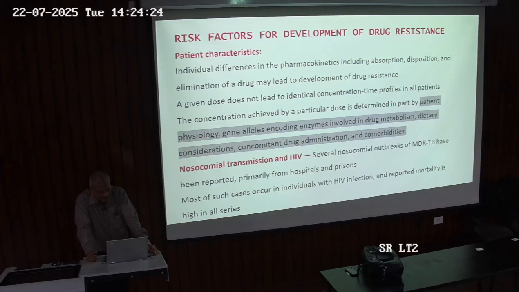and it is true that a given dose does not lead to identical concentration time profiles in all patients. The concentration achieved by a particular dose is determined in part by patient physiology, gene alleles encoding enzymes involved in drug metabolism, dietary consideration, concomitant drug administration and other associated comorbidities like diabetes, silicosis, etc. Nosocomial transmission and HIV.